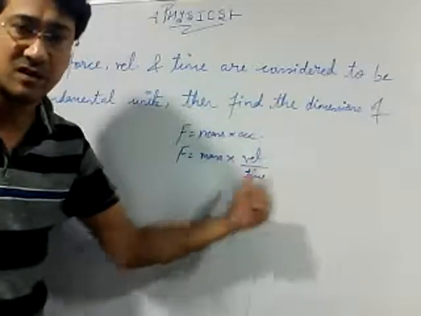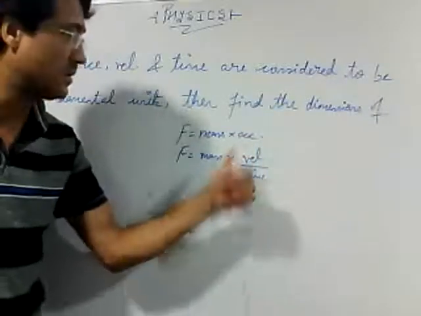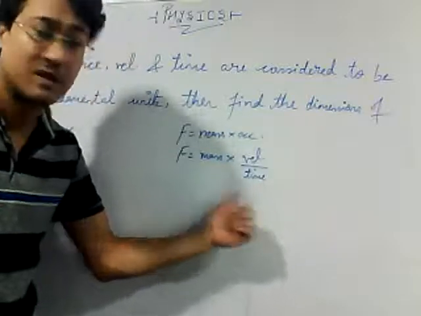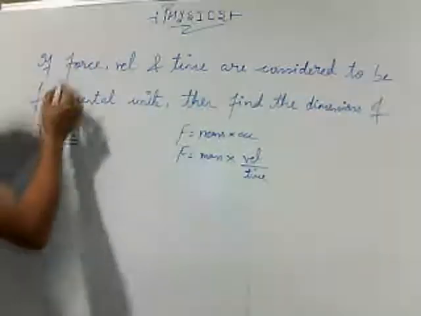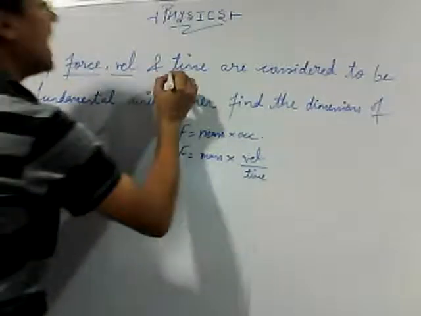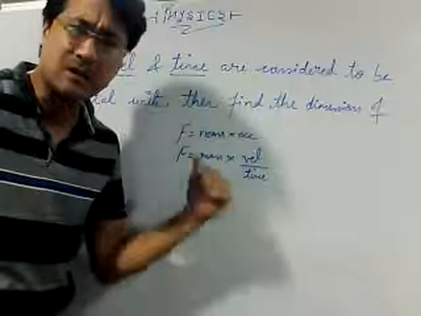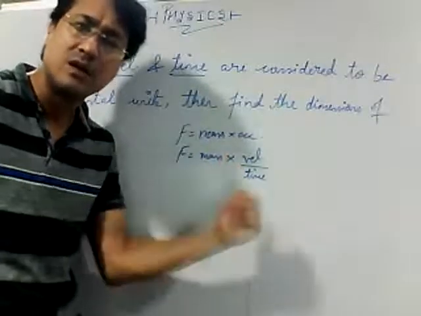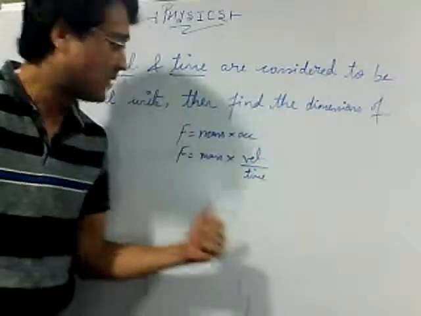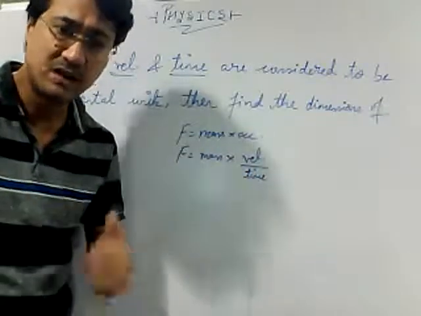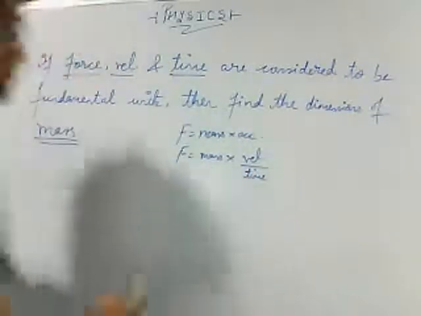We know acceleration is the rate of change of velocity. We broke this only because the fundamental quantities are force, velocity and time, so we need to get any expression into the basic fundamental quantities. Over here, the fundamental quantities are velocity and time. Okay, so what will be mass from here?